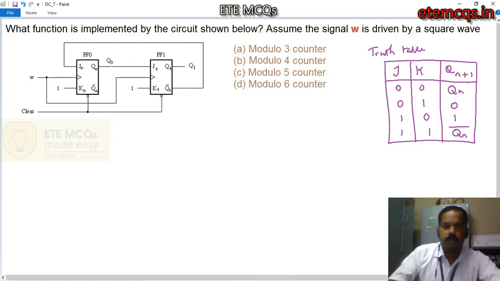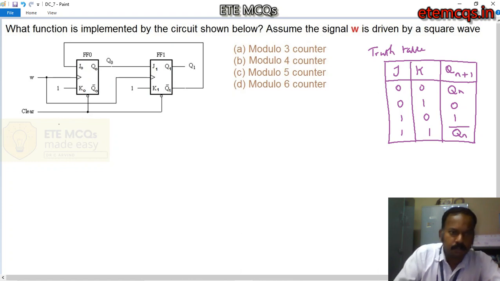And we are supposed to find the mod number of the given sequential circuit. The output of the first flip-flop is represented by Q0 and the second flip-flop by Q1. The respective inputs are represented by J0, K0 for the first flip-flop and J1 and K1 for the second flip-flop.